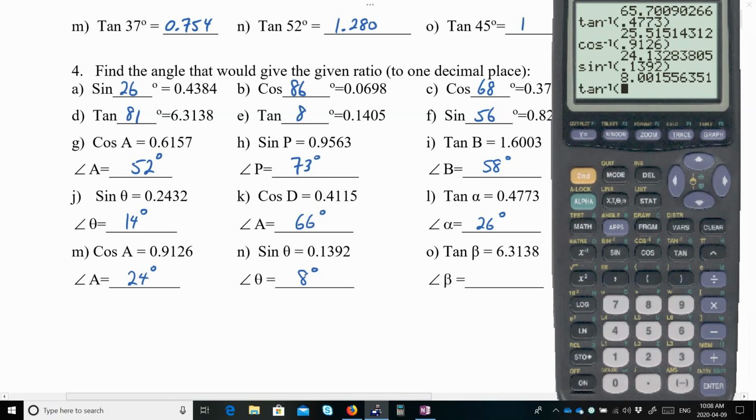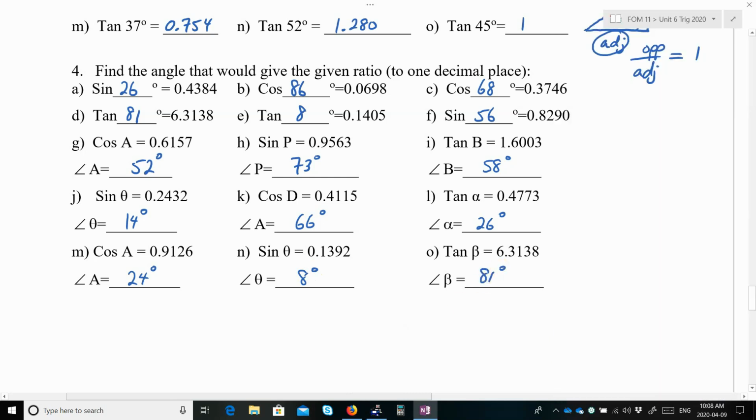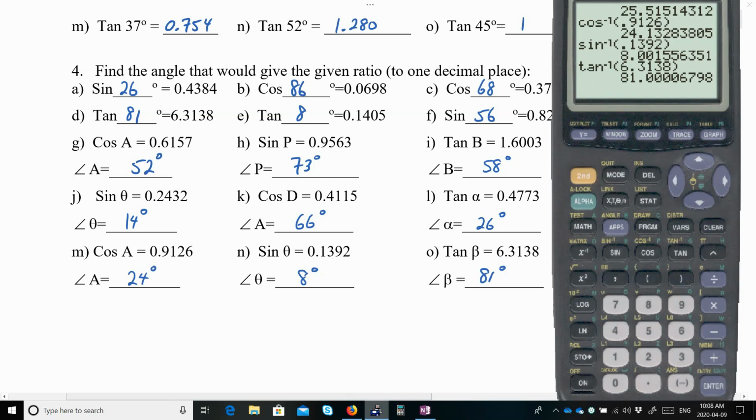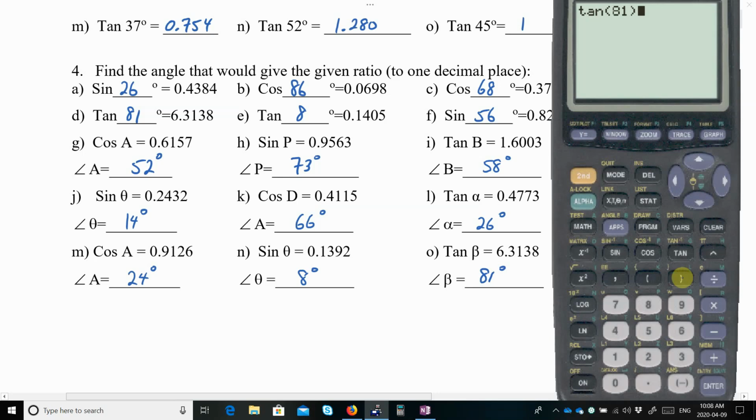And finally, second function tan, looking for the angle, 6.3138, 81 degrees. Okay, so just as an example, tan of 81 degrees should be really close to that 6.3138 ratio. 6.31, there we go.